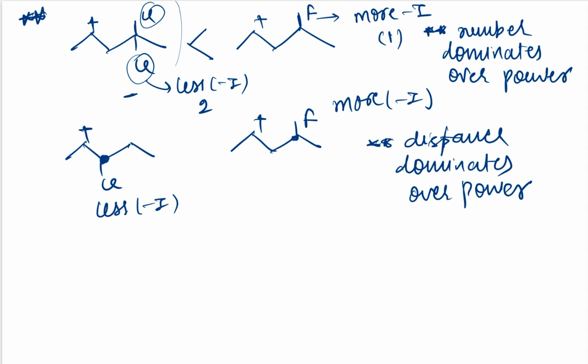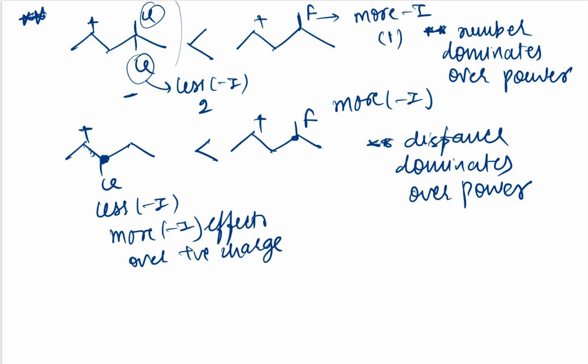Here distance is more, but power is also more. But here distance is less, so it has more minus I effect over the positive charge, so that will be more stable. So these two are important terms: number dominates over power, and distance dominates over power.